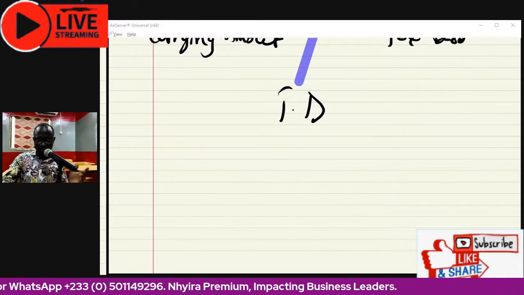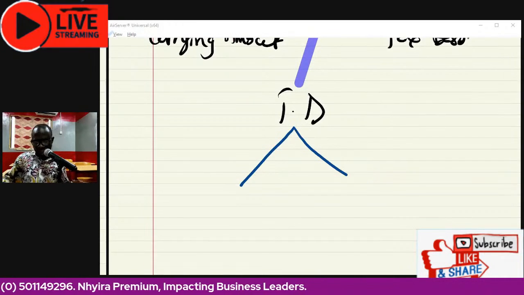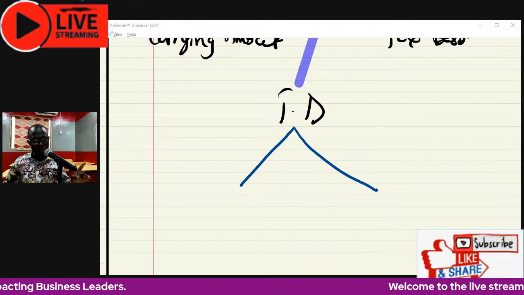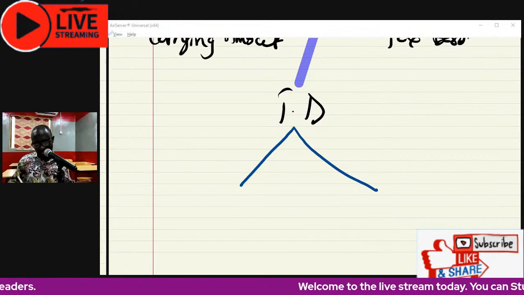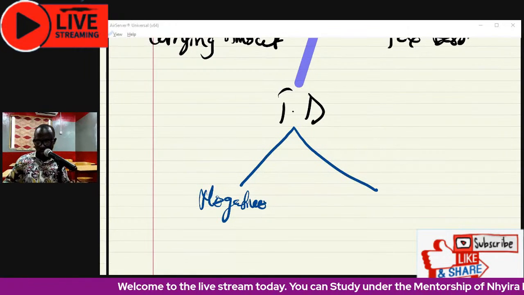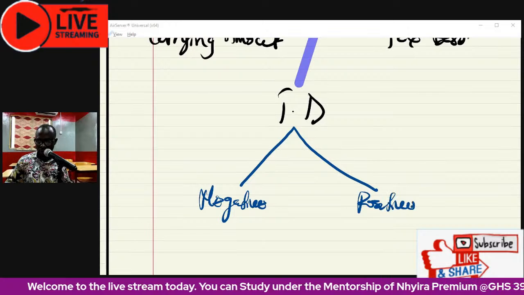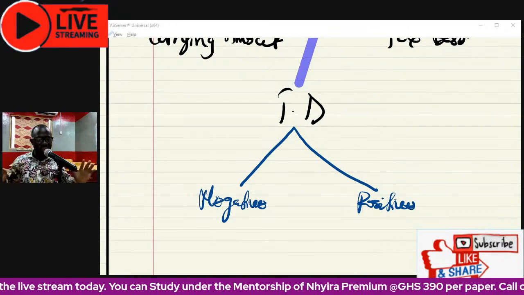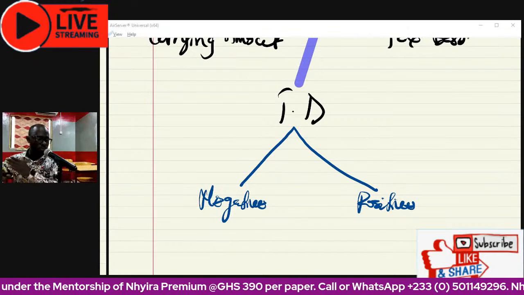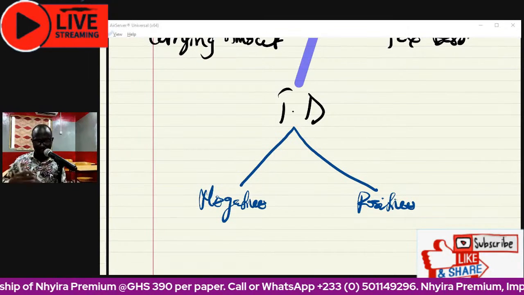Note that temporary difference can have two effects. In other words, the temporary difference can either be negative or positive. Stay with me carefully here. That is, the temporary difference can be negative or positive. How is that?